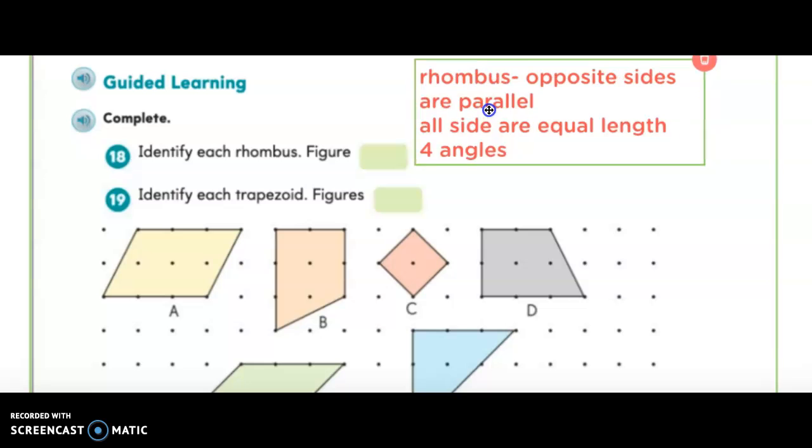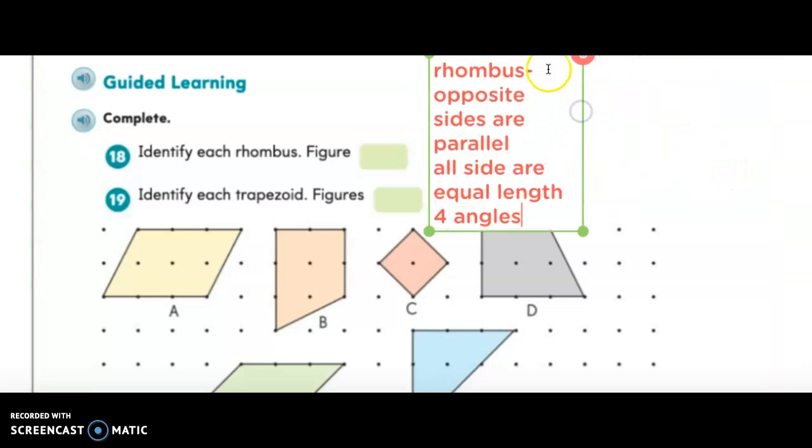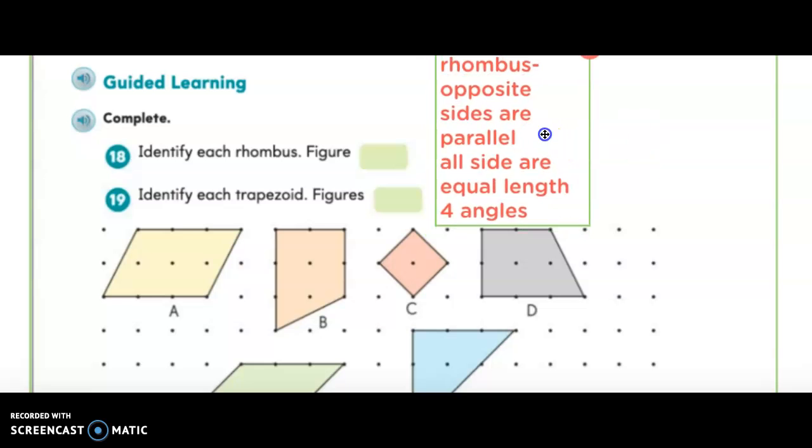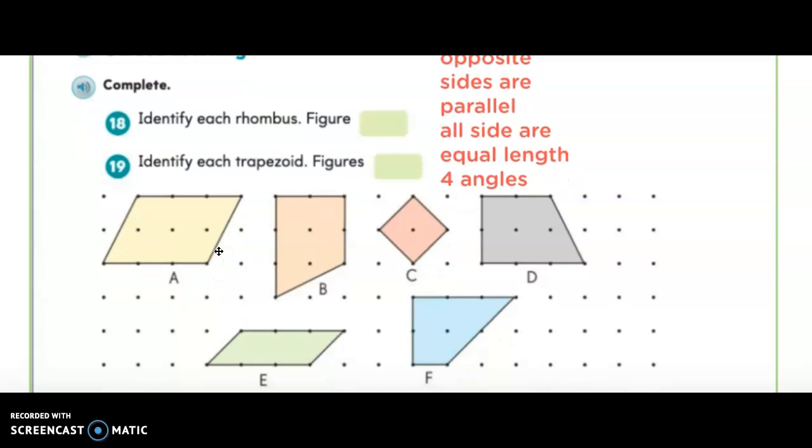So let's take a look. Make this a little smaller. There we go. All right, so we're looking for opposite sides that are parallel. These opposite sides are parallel. These opposite sides are parallel. Now, are all sides equal length on this? No. So we can probably narrow this down based on just equal sides, okay?